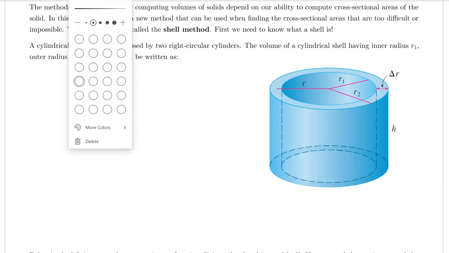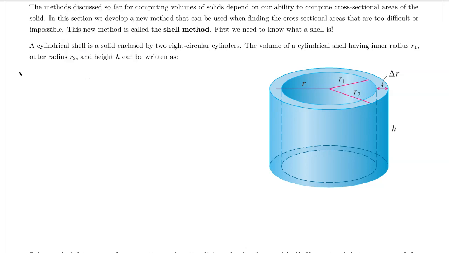So let's call V the volume of our shell. It's going to be equal to the bigger cylinder minus the volume of the smaller cylinder. So I'm going to denote that with V equals V2 minus V1.